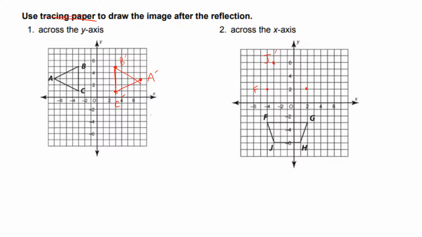So G prime is right there. And H prime is going to be level with J and on the same x-coordinate. So that's going to be H prime. And then you just connect these. This is called the pre-image, and this is called the image.